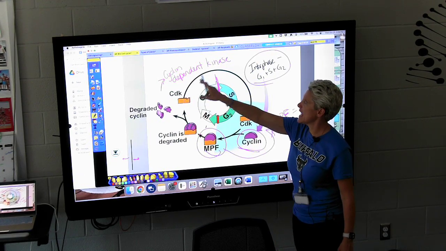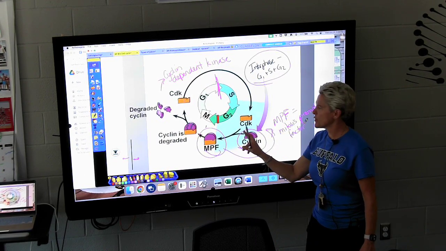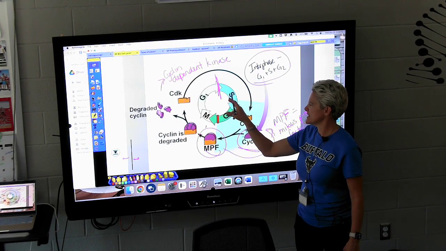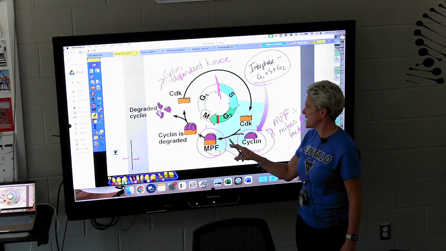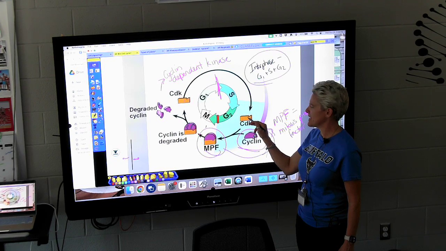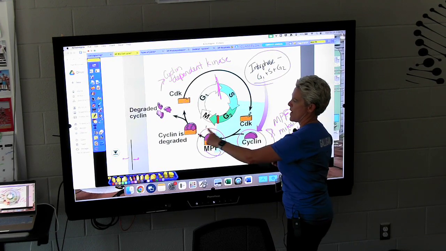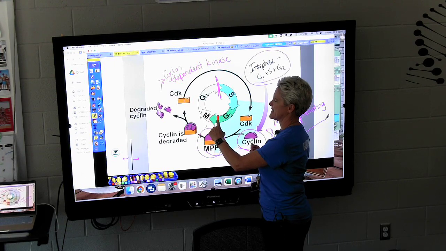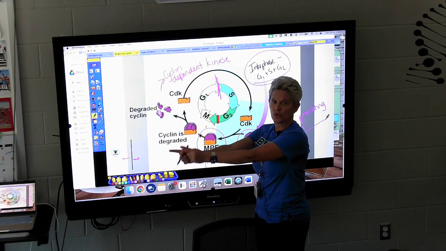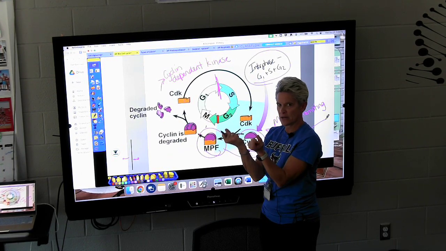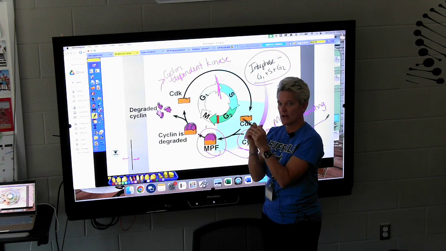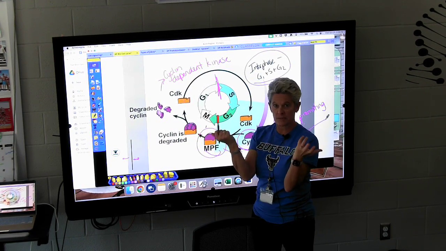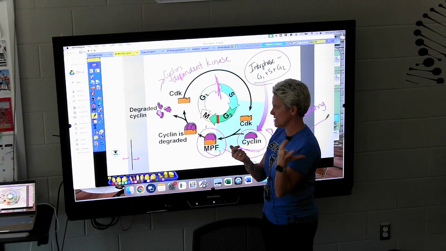So notice, CDK is always there. At the checkpoint here at G2, we check, did DNA divide correctly? If so, cyclin will bond to CDK, and when that happens, it produces mitosis promoting factor that signals, yes, we can go through mitosis and split the DNA into two, not break it apart like kill it, so that it can go to two new cells.